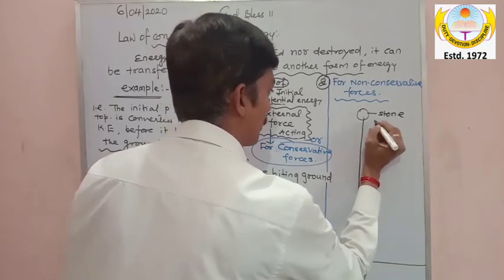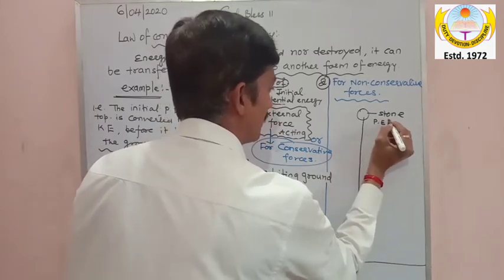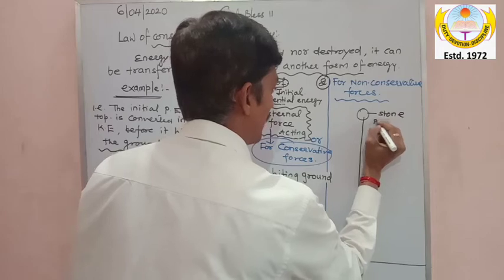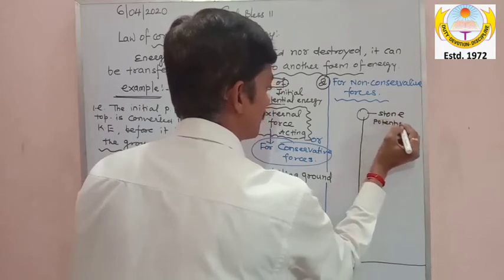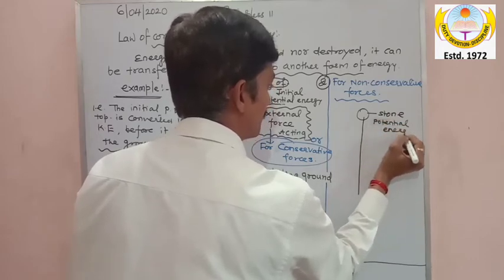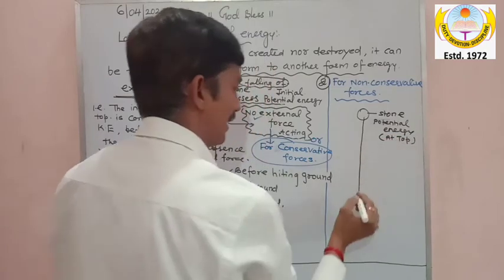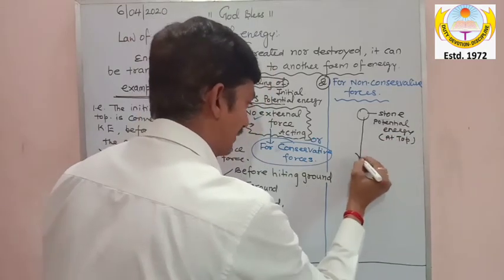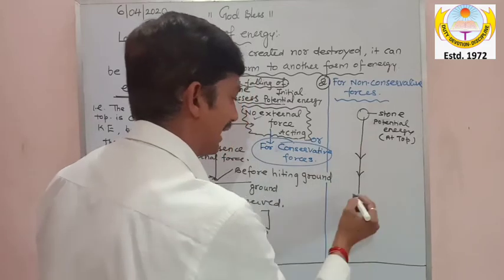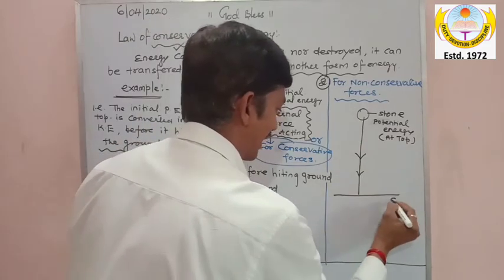Here is the potential energy. I am writing potential energy at top. Right. And let the stone come down like this. You can see in the example. And here is a ground.